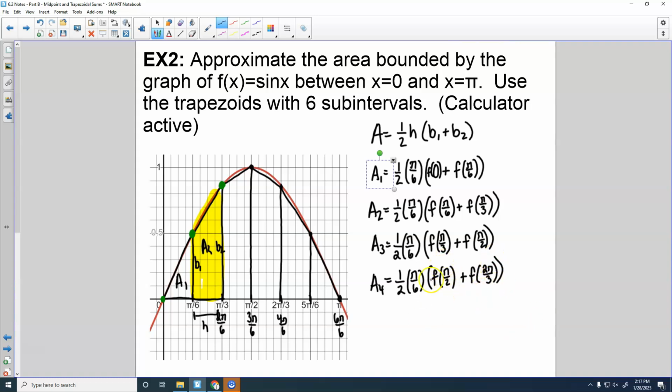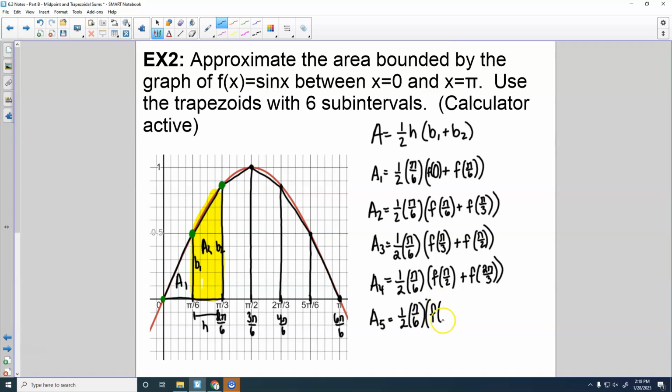And if you would rather use 4 pi over 6 instead of 2 pi over 3, so that you're seeing this is pi over 6, 2 pi over 6, 2 pi over 6, 3 pi over 6, 3 pi over 6, 4 pi over 6, it might show up a little bit. That is fine. Fifth one is going to be 1/2 pi over 6.